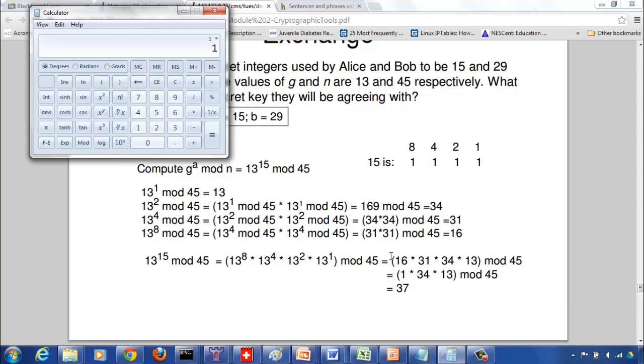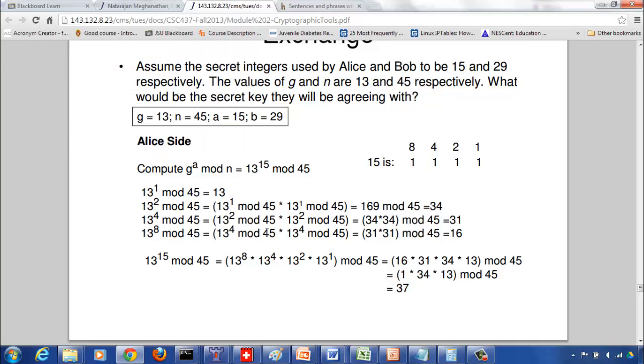Then that times 34 mod 45 is still 34. So 1 times 34 is 34, times 13 is 442, divided by 45 minus 9 times 45, that's going to be 37. So you have found 13 raised to 15 mod 45 is 37.